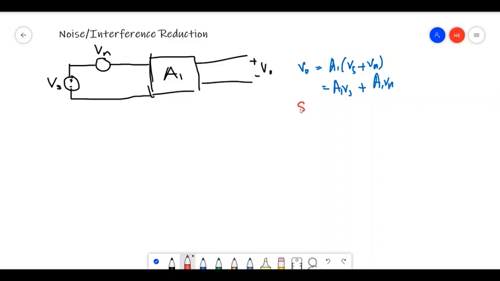Dividing the signal part by the noise interference part, we get that the signal to interference ratio here is Vs over Vn, right? Which is the same as the signal to noise ratio at the input. So let's see how we can reduce this using a feedback system.